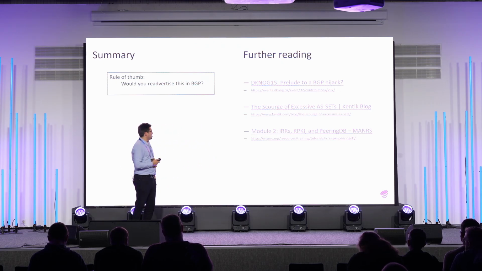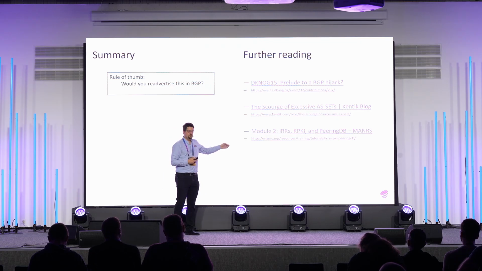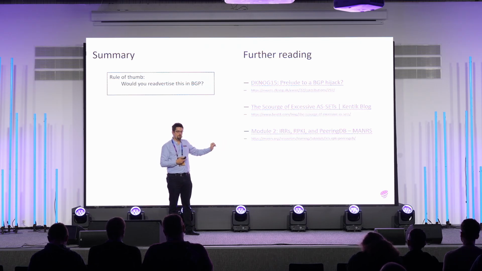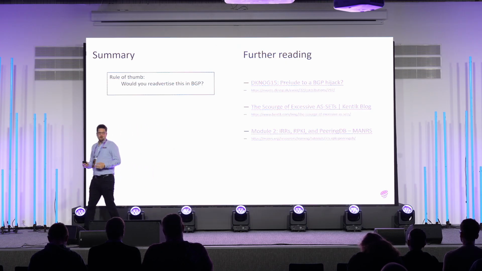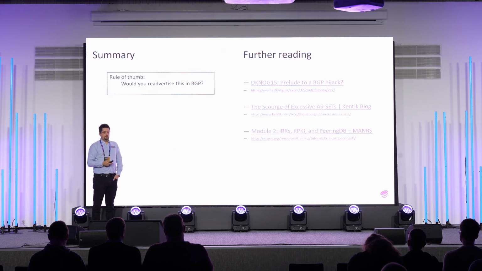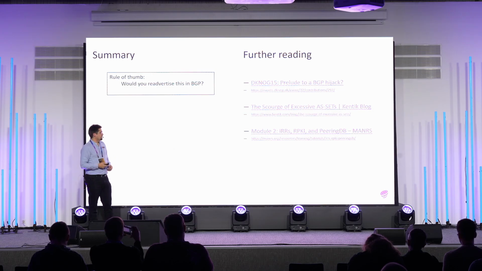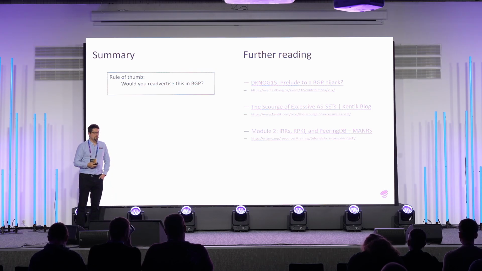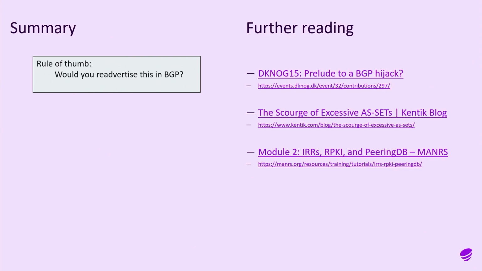And then finally, if you haven't done so already, please go and have a look at MANRS. MANRS is really how you have good routing hygiene on the internet. They have documented very down to earth and easy to follow guides on how you can implement routing security for yourself.